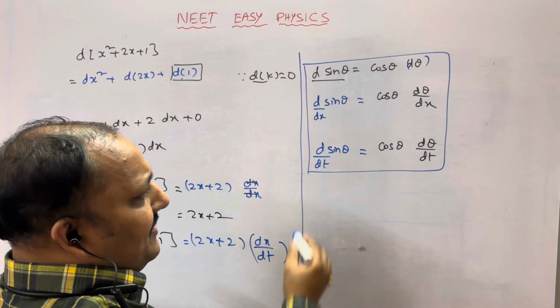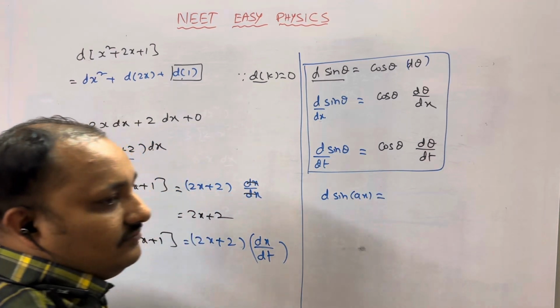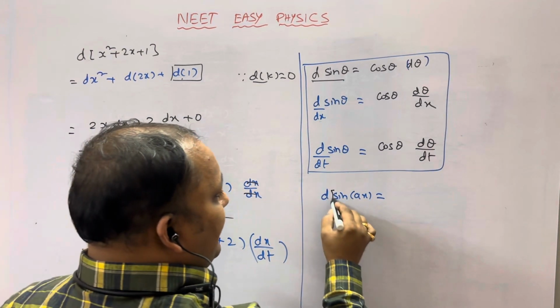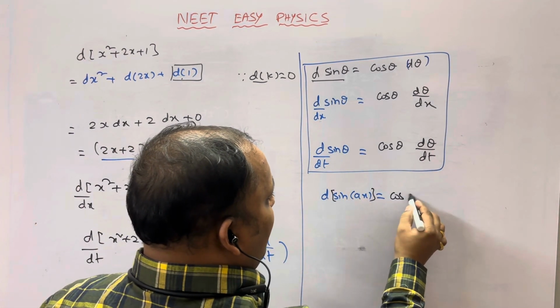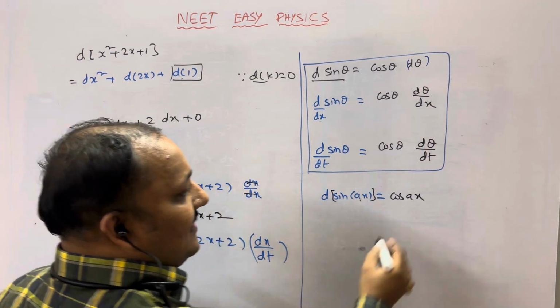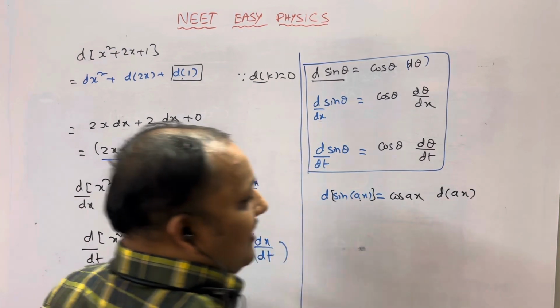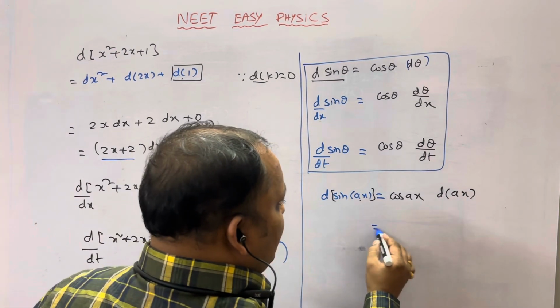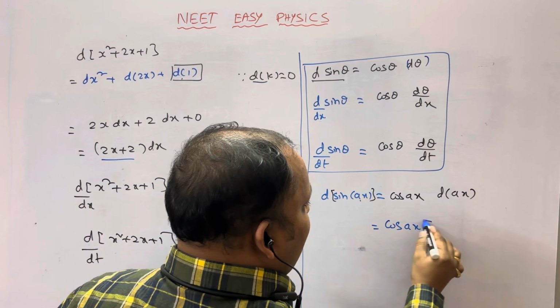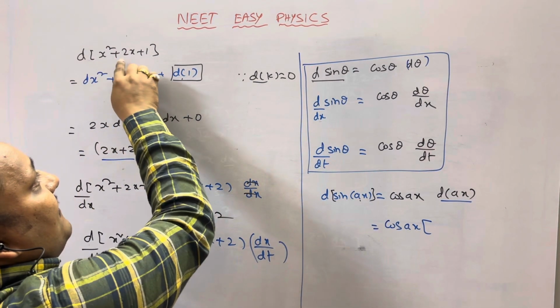Now whenever it comes in physics, they will say the derivative of sine ax. What will you write? Cos ax. In place of theta, ax is there. After writing that, we have to write the derivative of ax. Previously we applied the derivative of, like, 2x.